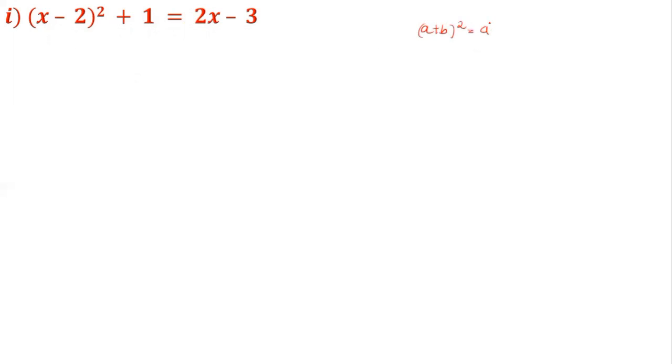Now, we have to simplify x minus 2 whole square. You know the formula a minus b whole square is equal to a square plus b square minus 2ab.